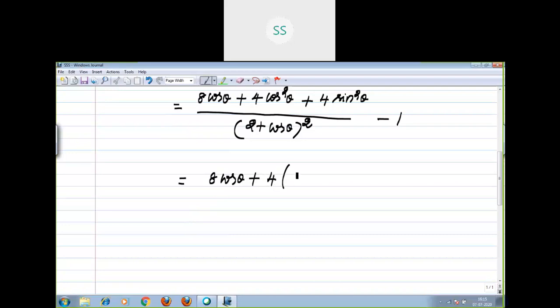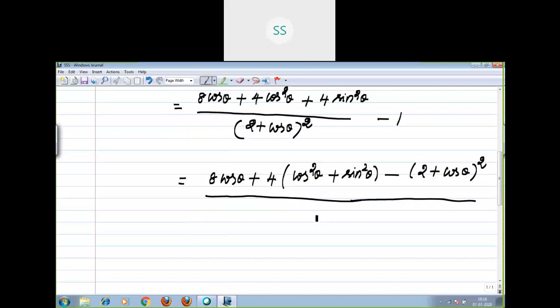Take 4 as common. Inside the bracket you write cos square theta plus sin square theta, minus 2 plus cos theta the whole square, the whole thing divided by 2 plus cos theta the whole square.